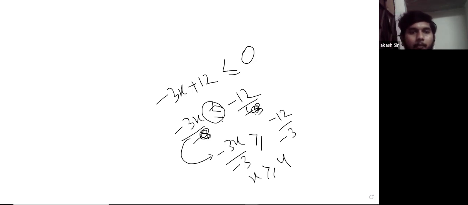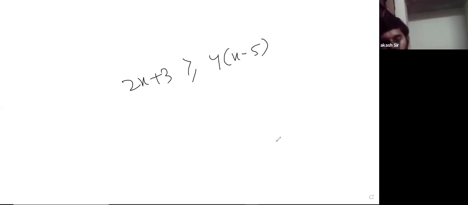So I hope everyone got it. There is no doubt. No, sir. Now let's go to a little bit more complicated question. 2x plus 3 is greater than or equal to 4 times x minus 5. Can you solve this? Try it out.